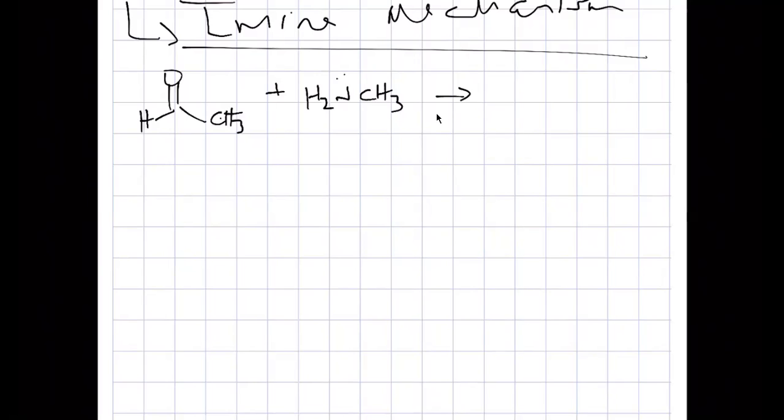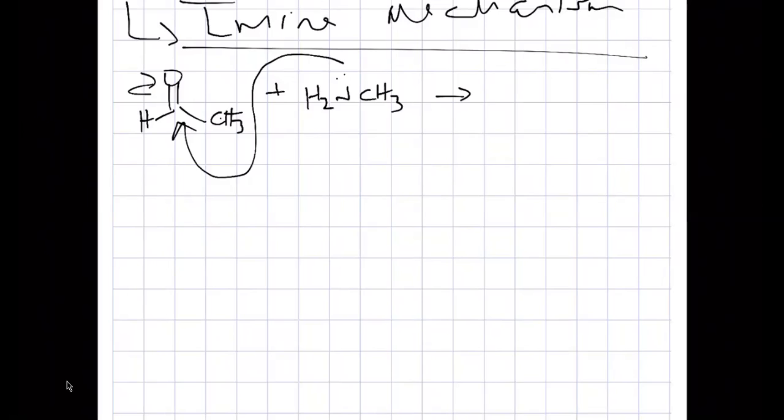Protonation? Not in this case. In this case, it's going to be attack of your amine on your carbonyl. Unless you have a proton source present, normally the first step is going to be nucleophilic attack of your amine on your carbonyl, right?